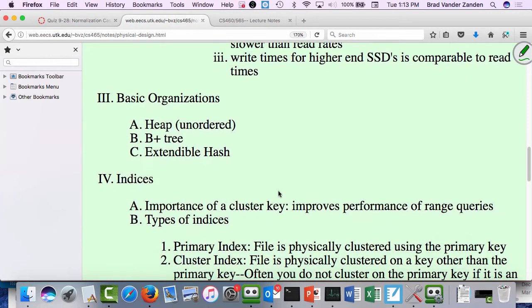Okay, so as I said, you have these basic organizations. It could be unordered, but that's actually pretty rare. You're normally going to store it either as a B+ tree or an extendable hash.